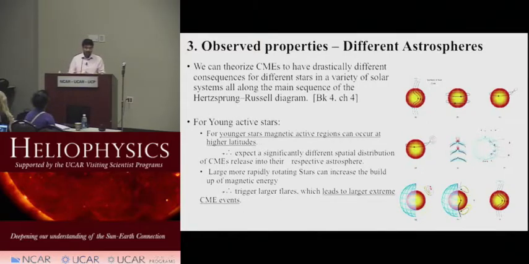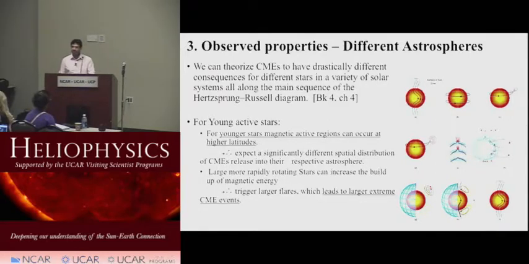Also, if the star is rotating much faster, that will create a buildup of magnetic energy, which will have a different distribution, and that can potentially trigger much larger flares, which can then lead to much larger CMEs. And that'll give you a different threshold for what you consider extreme events.